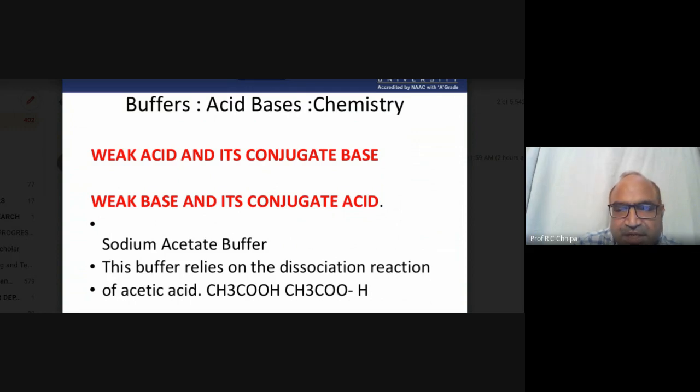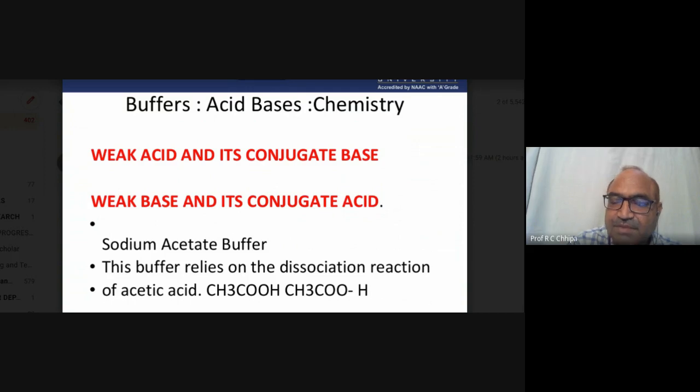So here the conjugate base of acetic acid is the acetate. Acetic acid is CH3COOH, and to get the acetate part we have to remove the hydrogen cation. However, this is a weak acid. Acetic acid is not a strong acid.